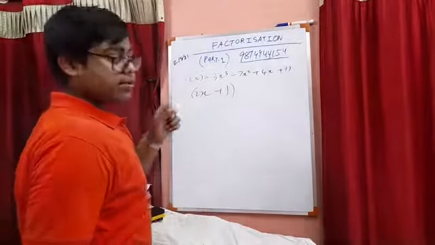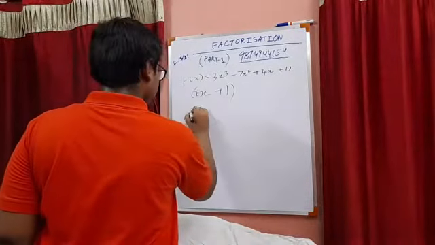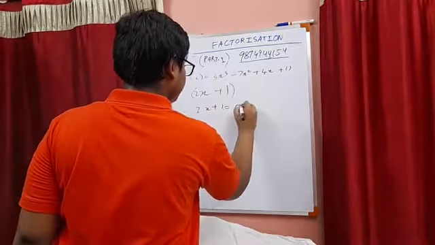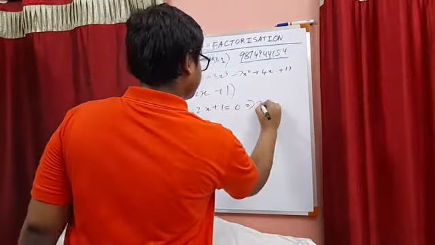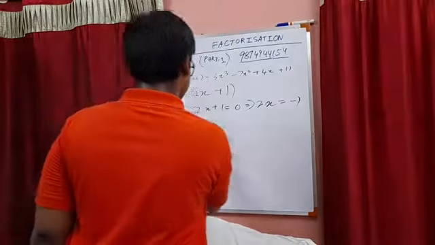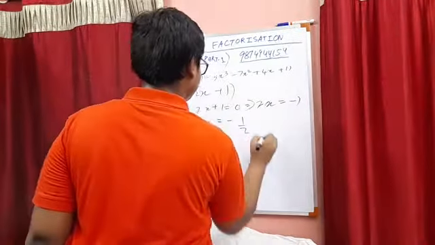Now 2x plus 1 will be assumed to be 0. Let 2x plus 1 be 0. Therefore 2x plus 1 is equal to 0, which will give us 2x is equal to minus 1, which will give us x is equal to minus 1 by 2.